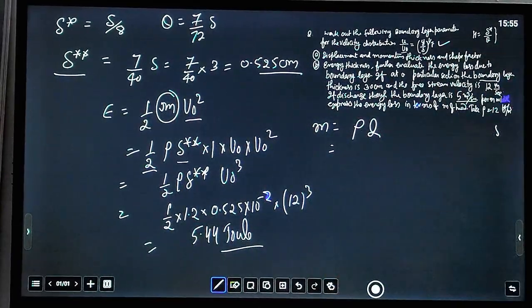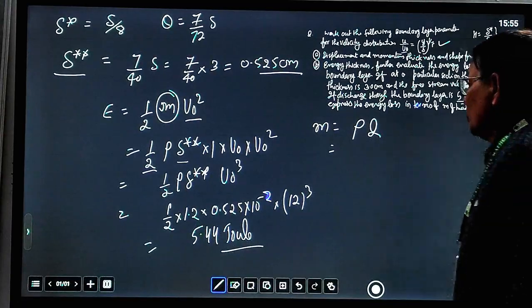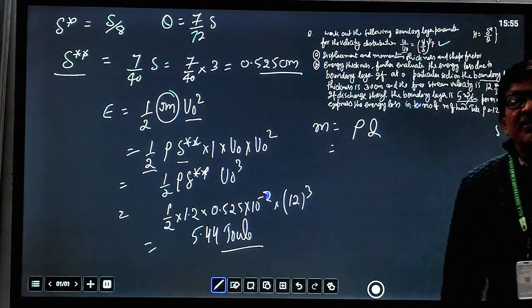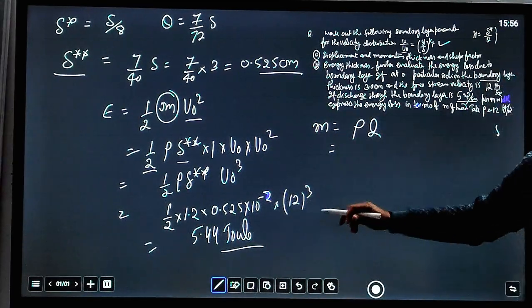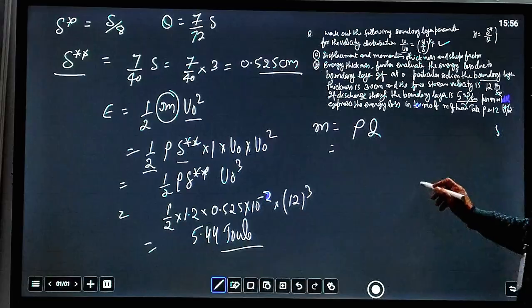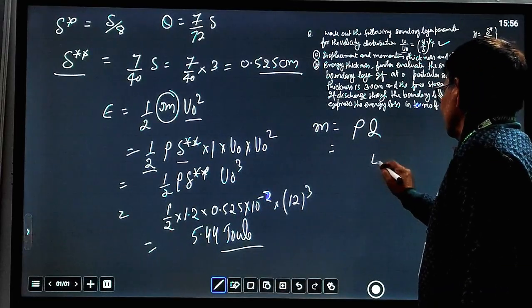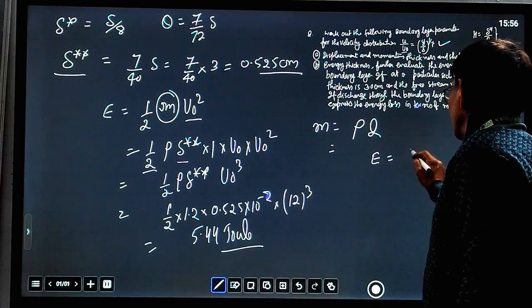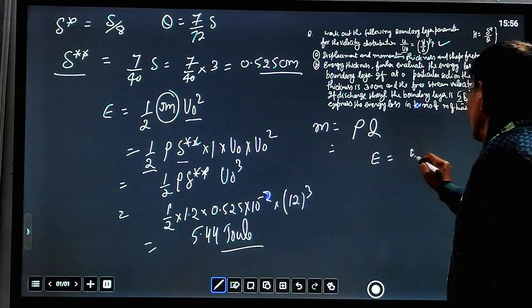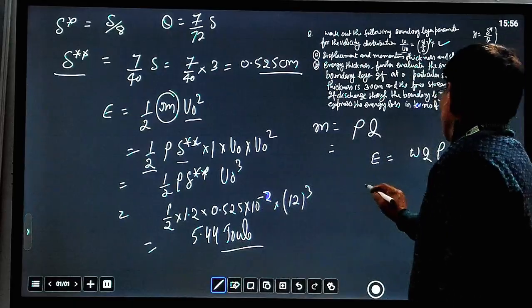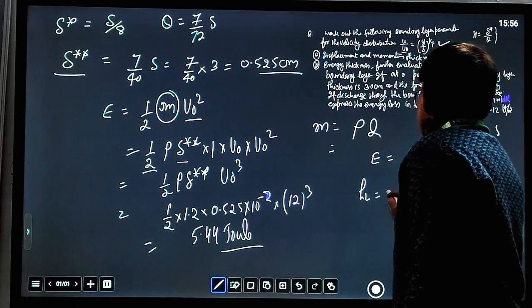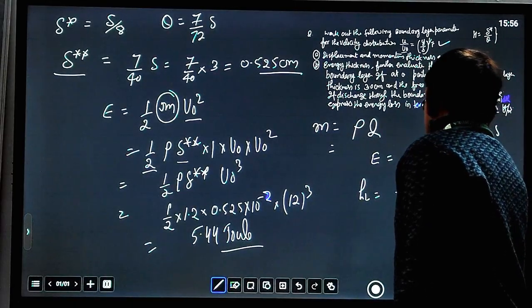This is the energy loss due to formation of the boundary layer, and we have to express this energy loss in terms of the head of the fluid. We know that energy equals omega q into HL. That HL we have to find out. So HL loss equals E upon omega q.